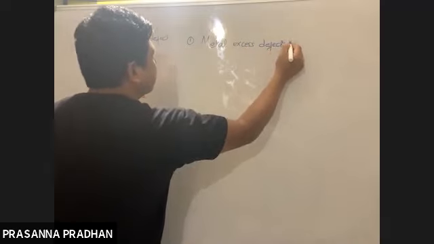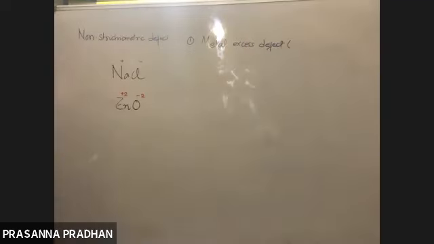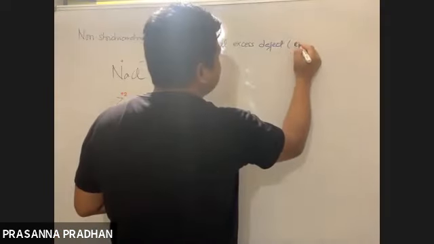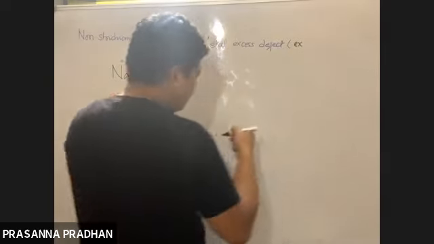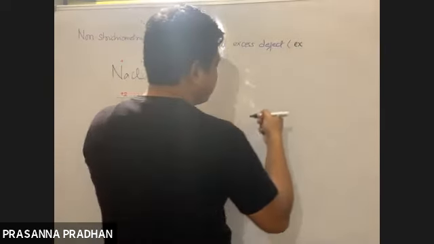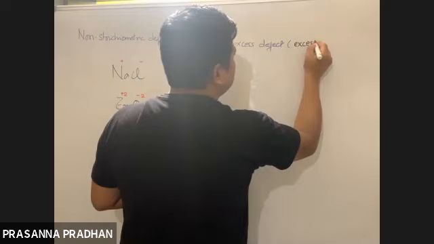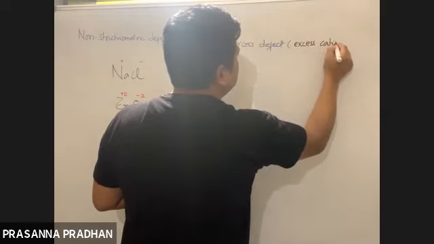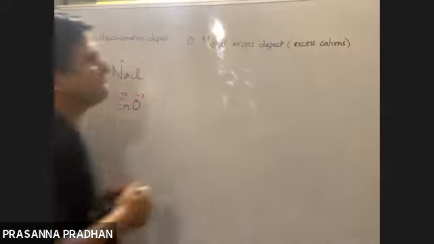Metal excess defect मतलब now which ion is in excess? कौन सा ion excess में होगा? आप बोलो. Cation. So excess cation. So metal excess defect means they can be excess cations.